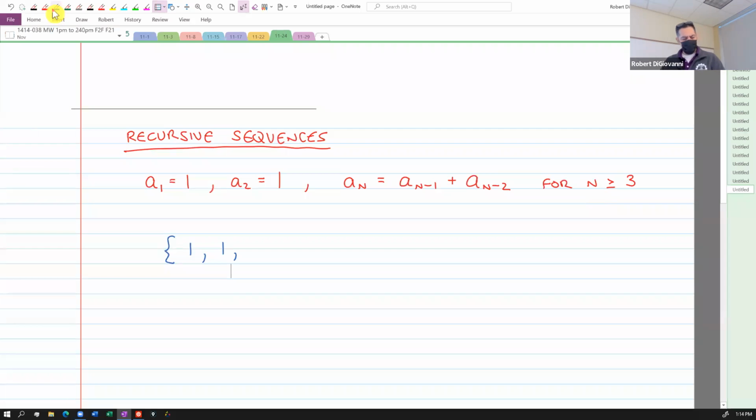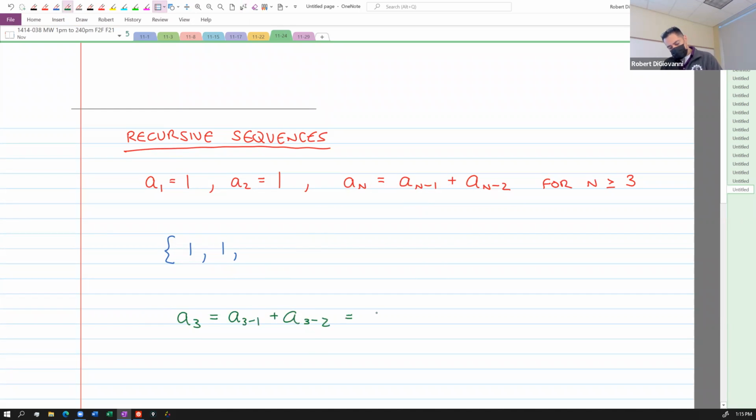Okay, so what does that mean? Well, let's use that formula to figure out what a sub 3 is. According to this formula, a sub 3 should be a sub 3 minus 1, which is 2, plus a sub 3 minus 2. I'm just following this formula, replacing n with 3.